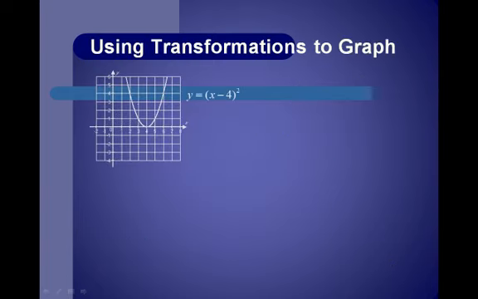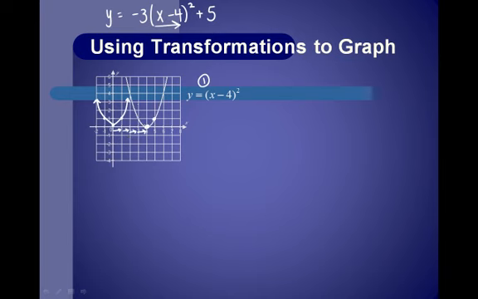Now I've got this on the next page, so let's go through and look at it in pieces. Our equation was y equals negative 3 times x minus 4 squared plus 5. So we're going to start out. Now remember the x squared is right here. Went through (0, 0), (1, 1), (negative 1, 1). So it looked like this. So the first thing we're going to do is we're going to shift it to the right 4 places. So 1, 2, 3, 4.